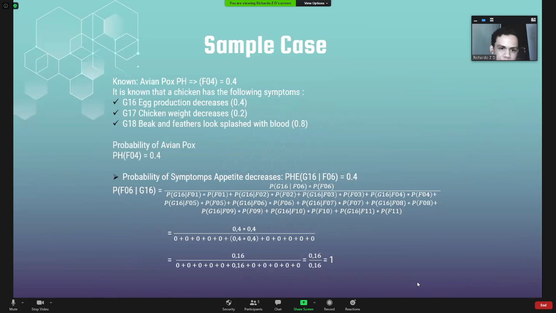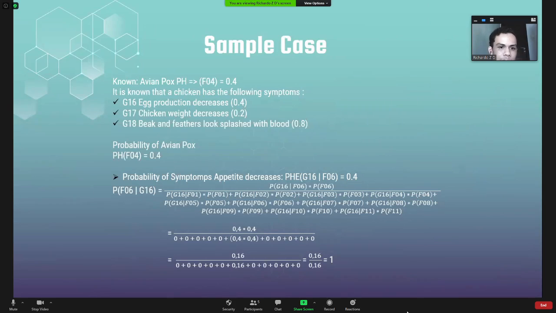Okay, this is the sample case. We know that avian pox P(H) is F04, so the probability is 0.4. It's known that a chicken has the following symptoms: G16 is egg production distress, the probability is 0.4.